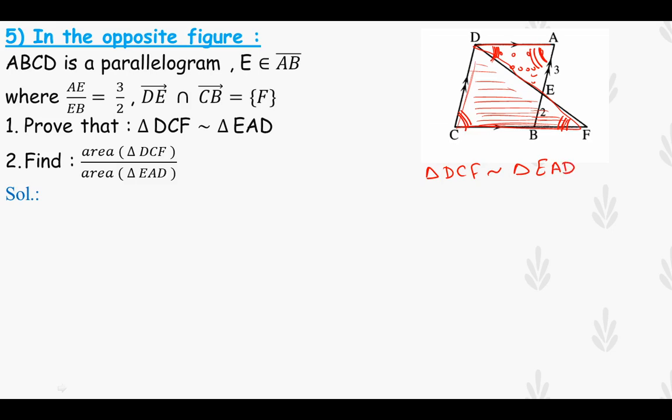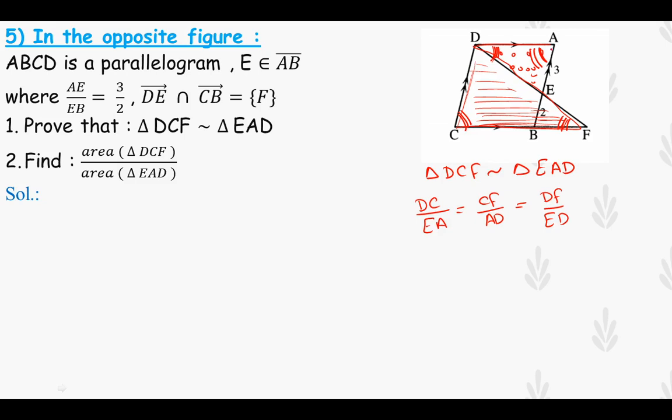So the corresponding sides are proportional: DC over EA equals CF over AD equals DF over ED. We just want the ratio between any two corresponding sides.